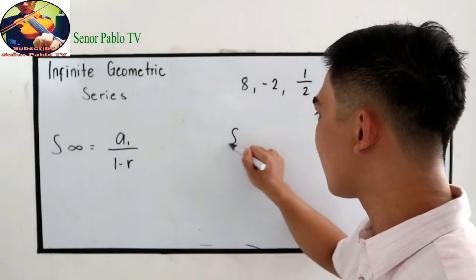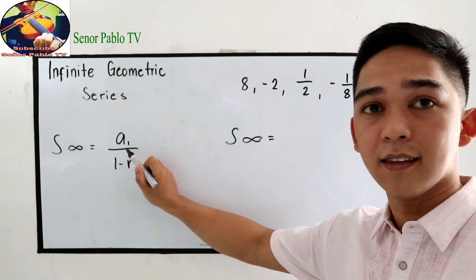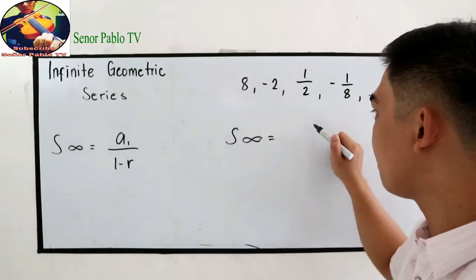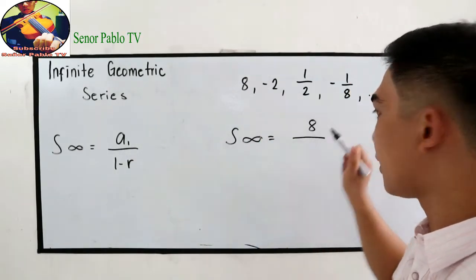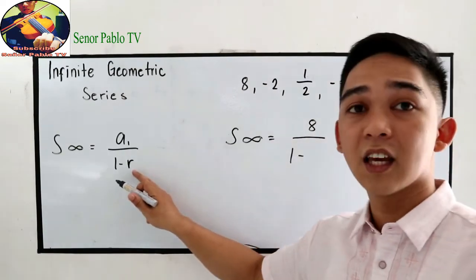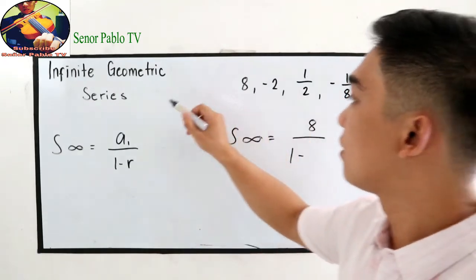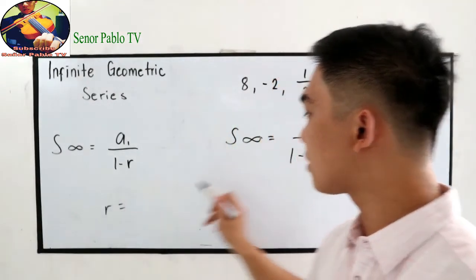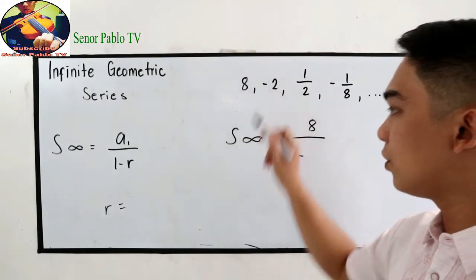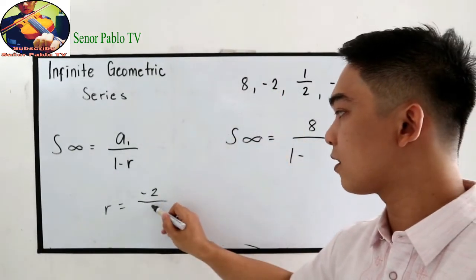So, S infinity is equal to ang A1 natin, so given, which is 8, over 1 minus R natin, which is the common ratio. So, hanapin muna natin. So, ang R natin dito sa case na ito is A2, negative 2, over A1, which is 8.